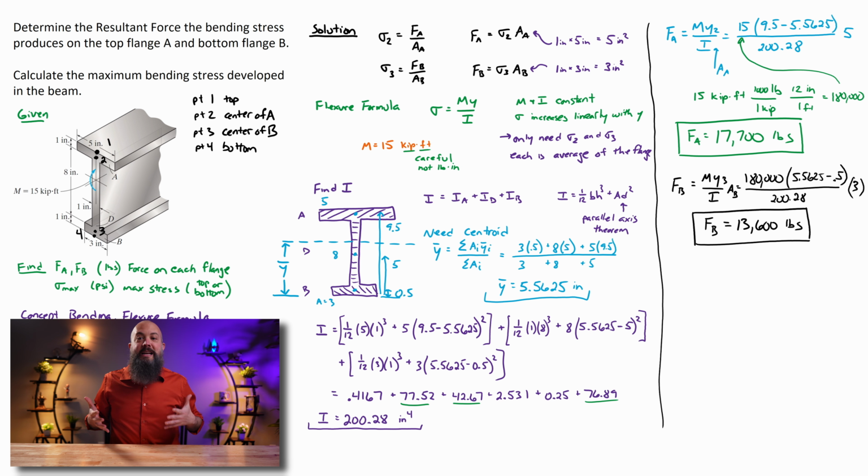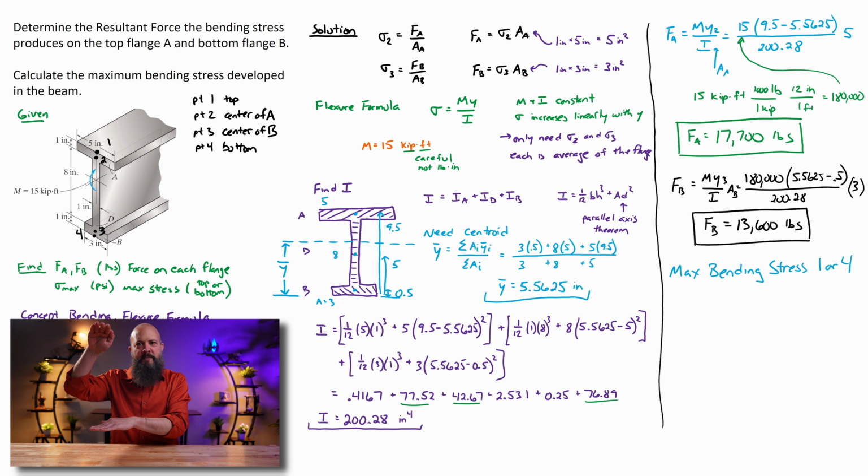And if we want to find the maximum bending stress, if we look at some different points, so if I number points on my figure, 1, 2, 3, and 4, 1 is the very top, 2 is the center of the top flange, 3 the center of the bottom flange, 4 at the very bottom, the maximum bending stress will either be at the very top or the very bottom, because the moment is the same everywhere.